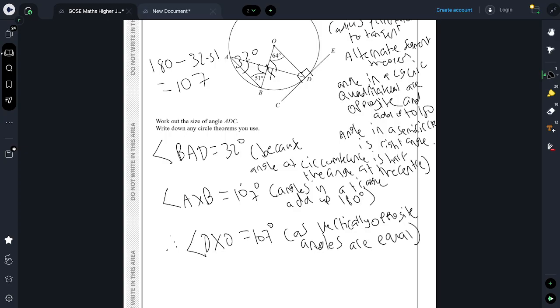Well, we know this angle here, so let's work out all the information we know. Again, this is going to be 180. This angle here, triangle DOX. So the angle here, what would it be? ODX.